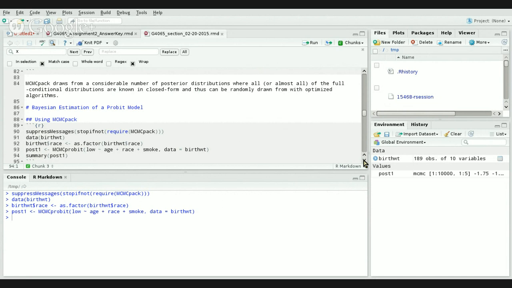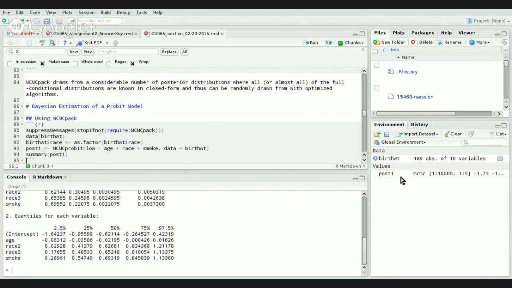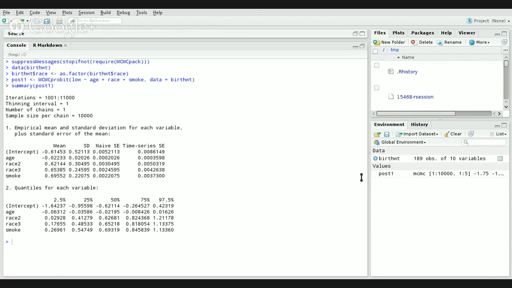In general, when you get the output of an MCMCpack function, you just want to do a summary, and it will tell you the most relevant information about the draws from the posterior distribution. It's actually using another R package called coda.